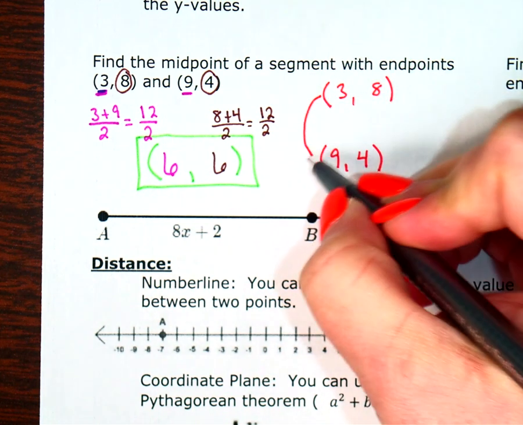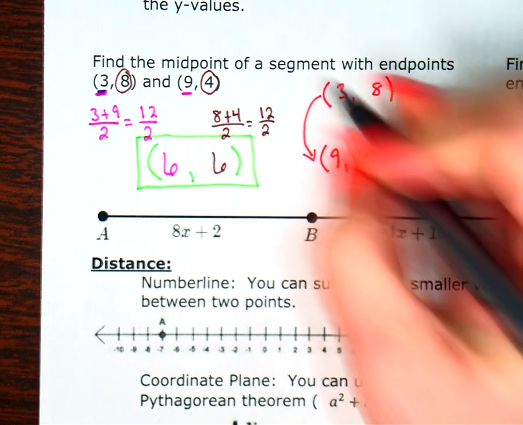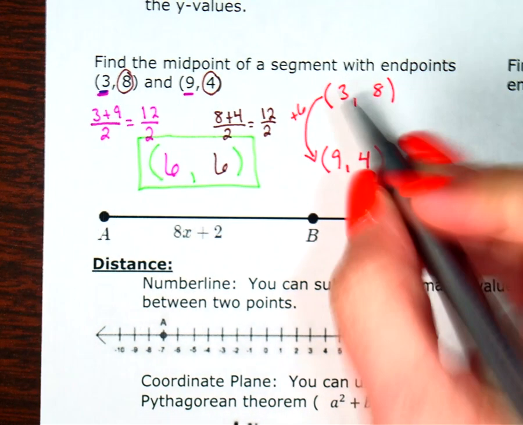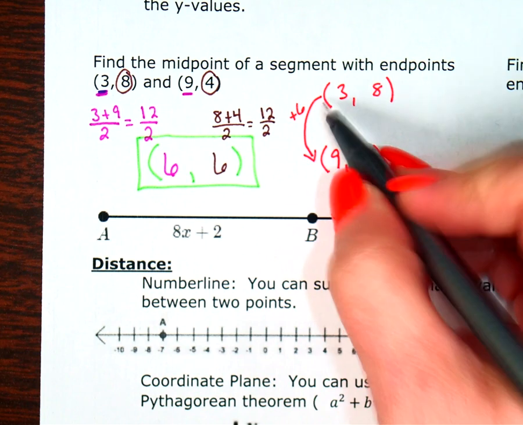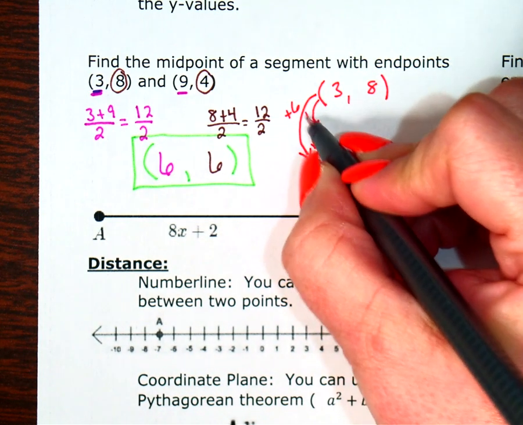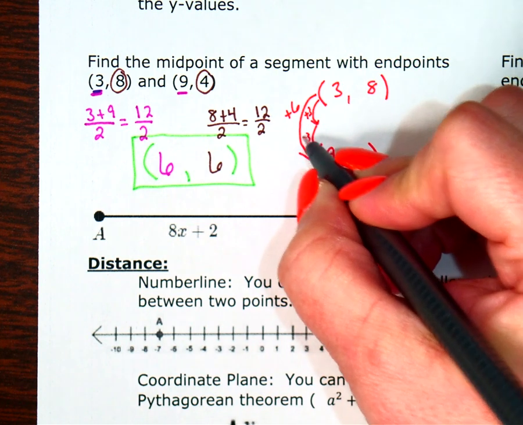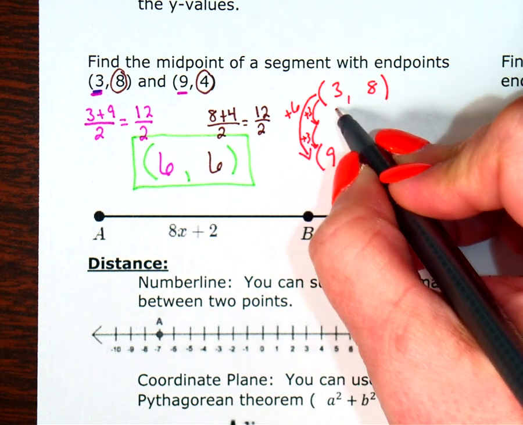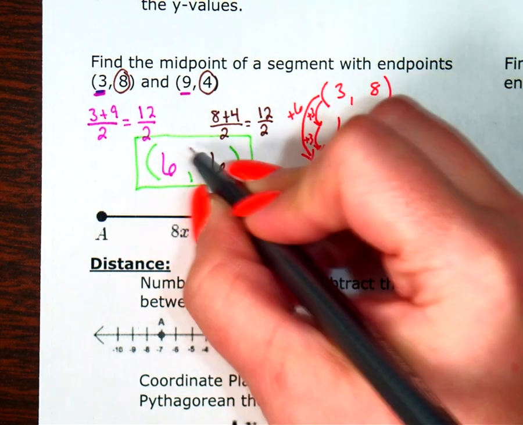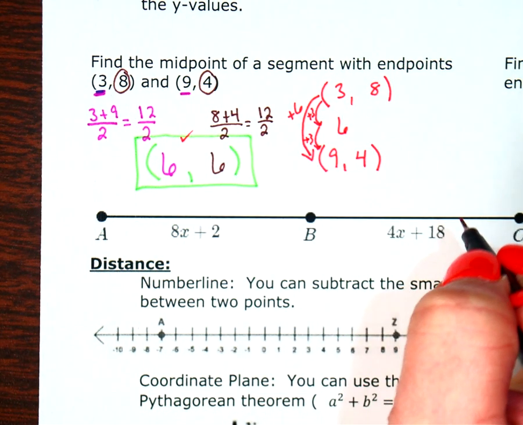How far is it from the 3 to the 9? I have to increase by 6 total units. So if I only increase by half of that, by 3, I find exactly the middle: 3 plus 3 is 6, and 6 plus 3 is 9. So 6 is exactly in the middle.